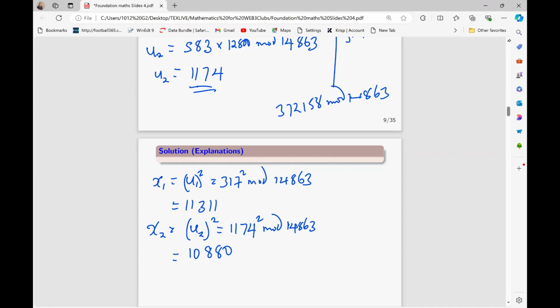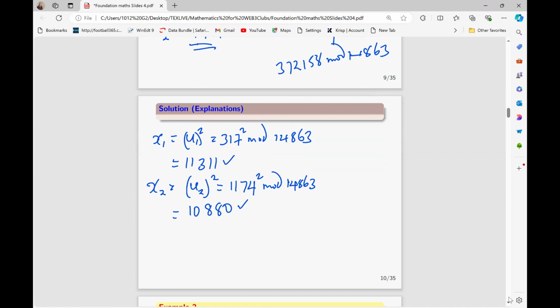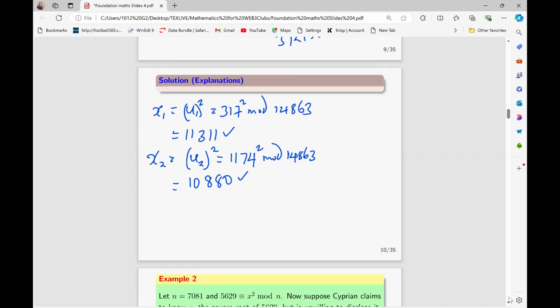So now you send to Alex X1 and X2. When you send him that, he wants to know whether it's the same as X squared. So Alex now takes X1 and multiplies by X2 mod 14,863, just trying to see whether what we are sending is correct.